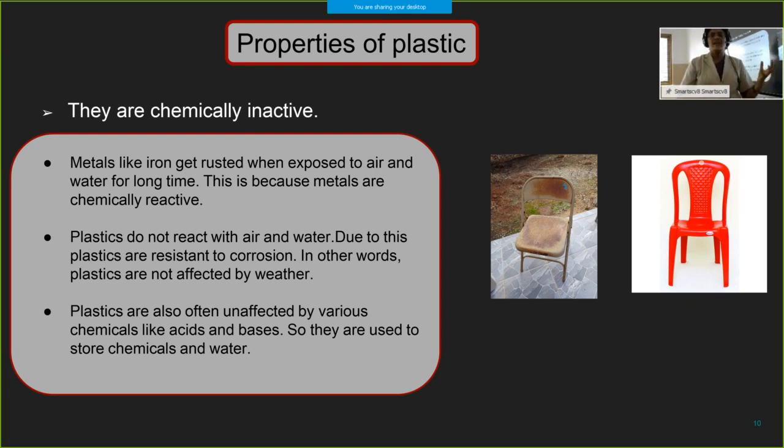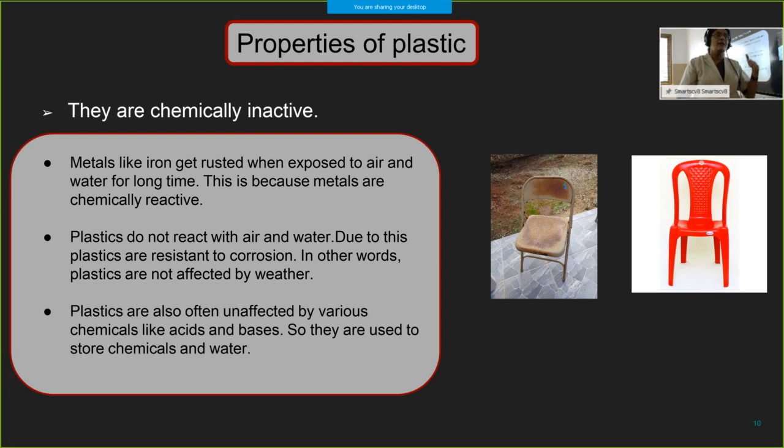You keep these two chairs exposed to the atmosphere or air for a few months. After one or two months, if you observe, you can see that the chair made of metal or iron has started rusting, whereas the plastic chair remains just as it was when we first put it outside. That is the main property of plastics, a very useful property.